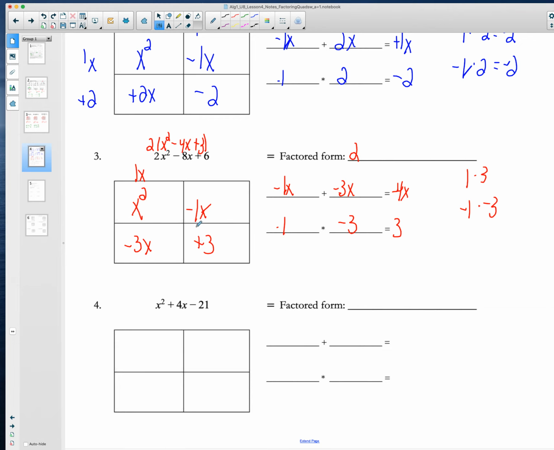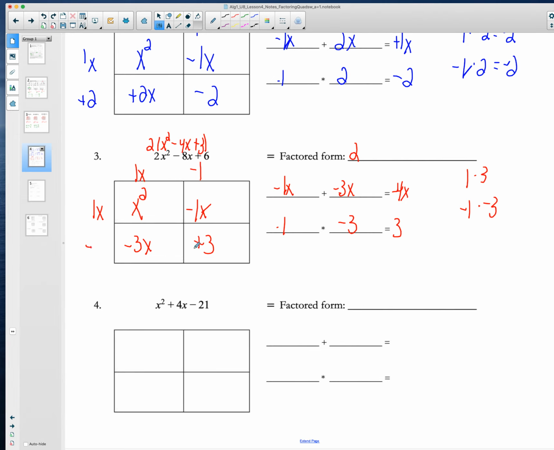We need this to be a positive 3, but we need this to be a negative number, so I'm going to factor out a negative 1 here instead of a positive 1, and you'll see why in just a moment. Looking left to right, my first column factor is 1x. Now I need this to be a negative 3, and I have a positive 1 here, so the only way for that to happen is if I take out a negative.